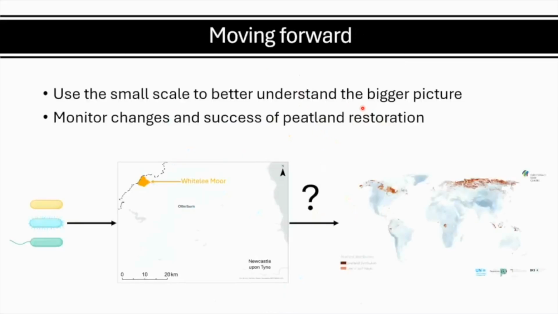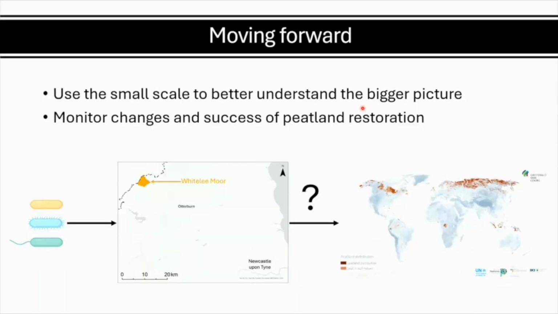Because if we can understand Whiteley and peatlands on this very small, microscopic scale, it will hopefully allow us to better understand the bigger picture impact that microbes might be having on water quality and the climate, and also how restoration might be influencing these different processes.